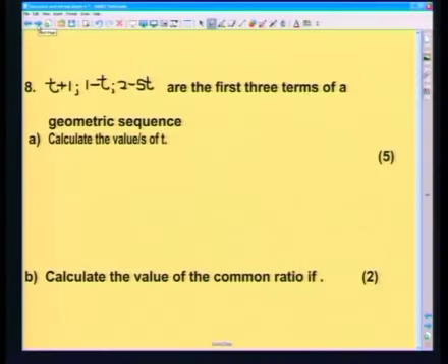Right, now the next one introduces me to a sequence where all my terms are given in variables. They tell me that t plus 1, 1 minus t, 2 minus 5t are the first 3 terms of a geometric sequence. Now, I want to stop here for a few seconds and just point out something that, although it seems obvious, is not perhaps that obvious.